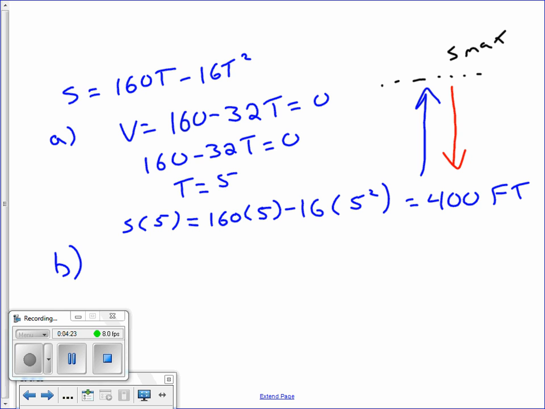I need to know the time when the position is 256. So substitute. When the position is 256, I'm going to solve this equation for time.